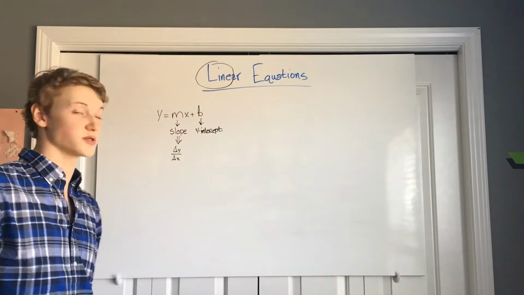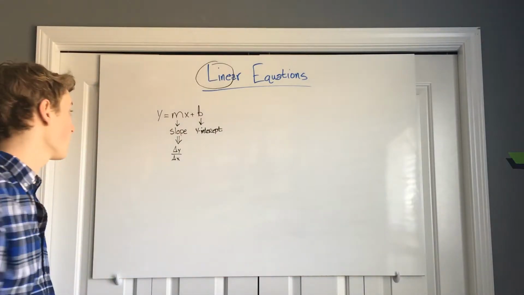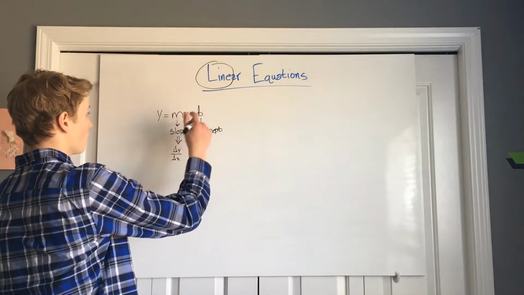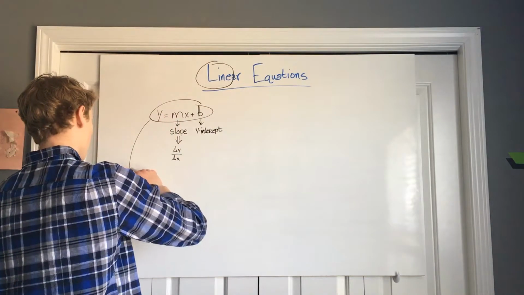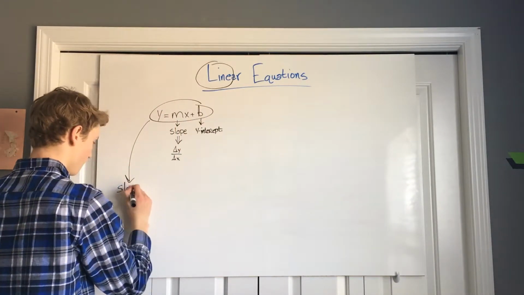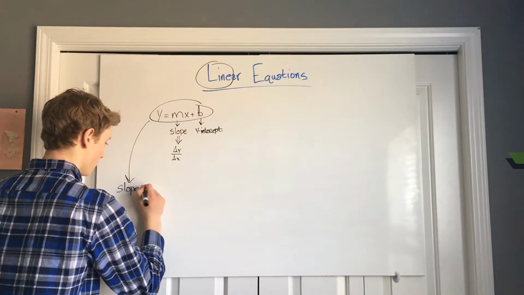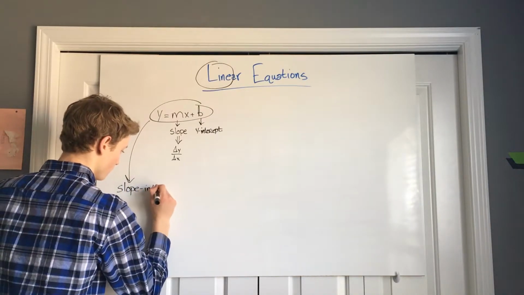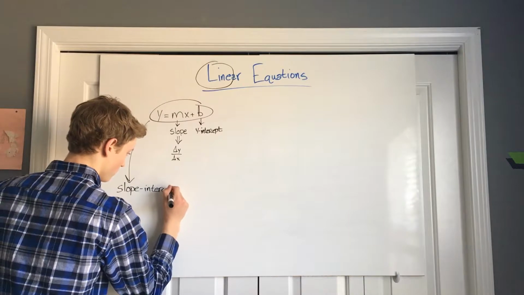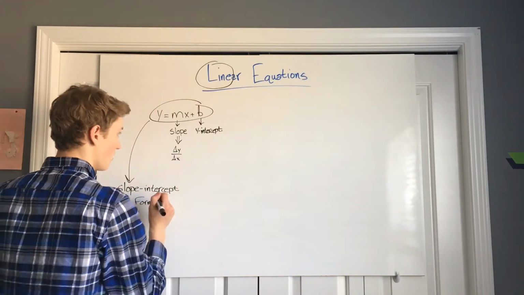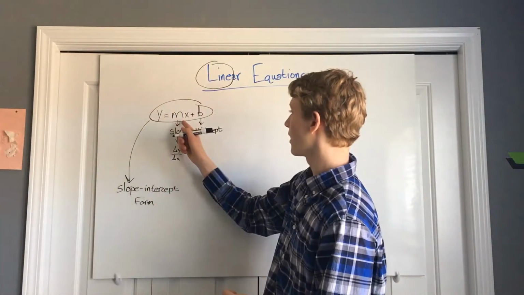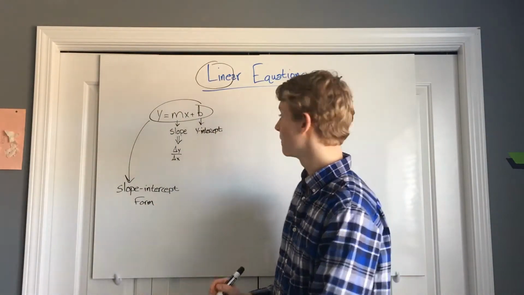So it crosses the y-axis at b. This is called slope-intercept form, which is why we have the slope and the intercept.